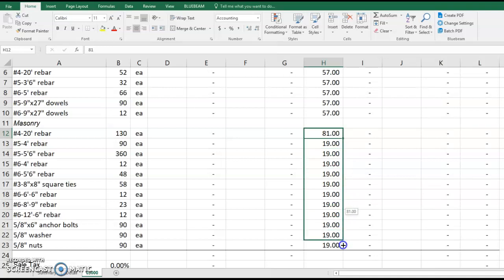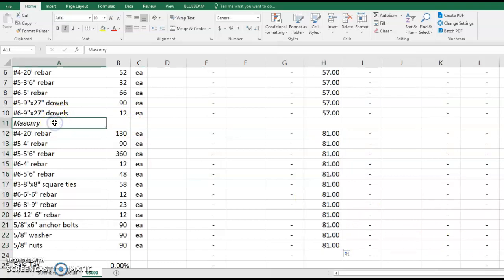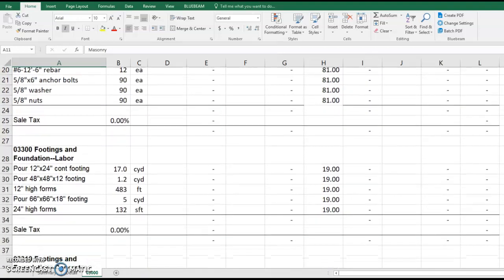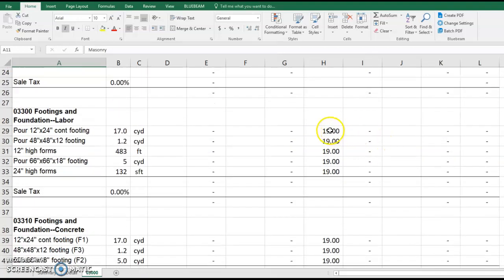So we want to go ahead and change this all to $81 under the masonry heading over here. So you can see masonry right there. So I'm going to scroll down and let's make sure that we've got everything. Yep, so masonry's good.